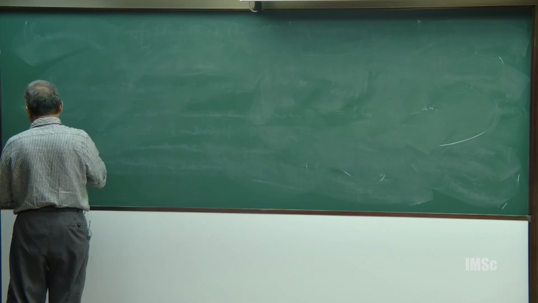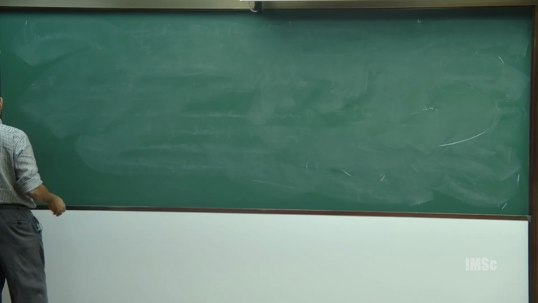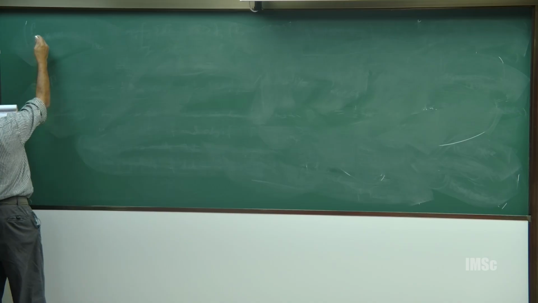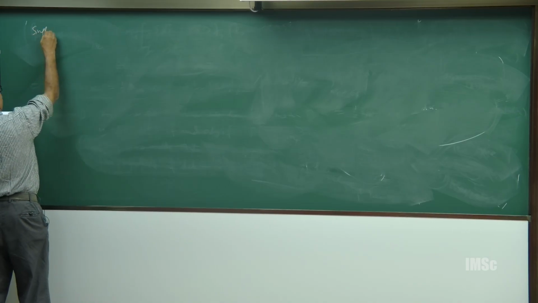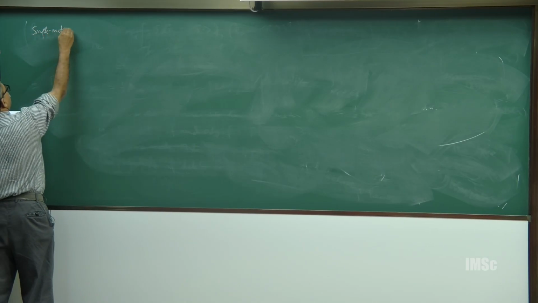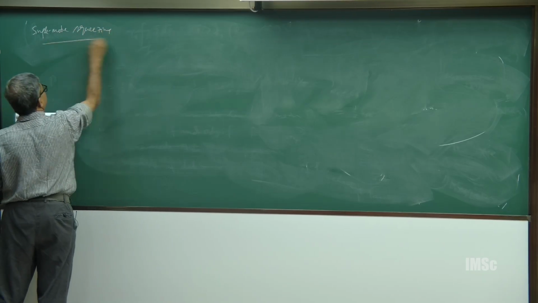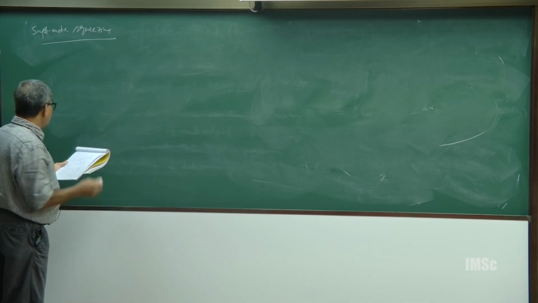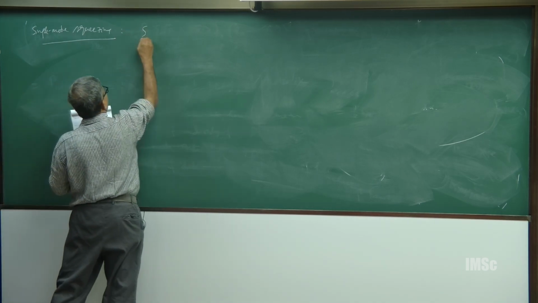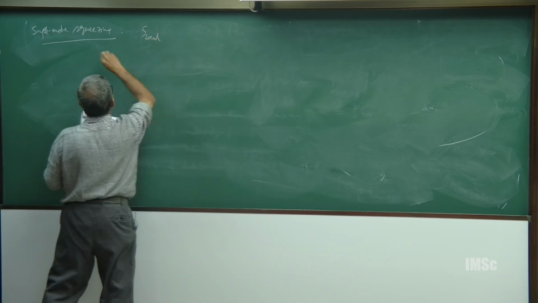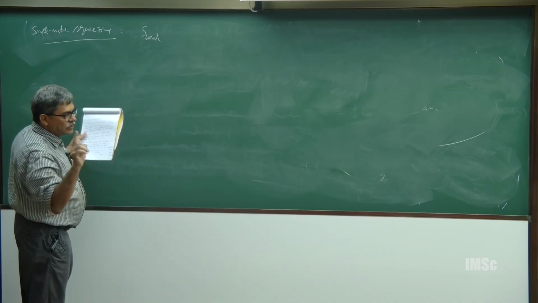Now let us look at this. Let us take single mode squeezing. This means this is S local, right. When I say single mode, it is not just one mode.